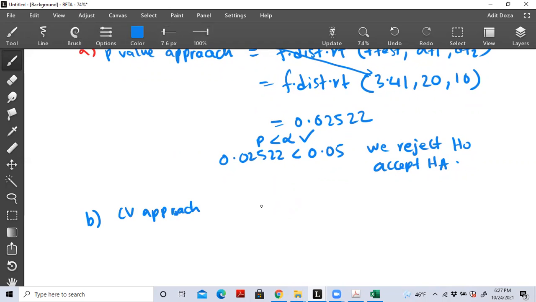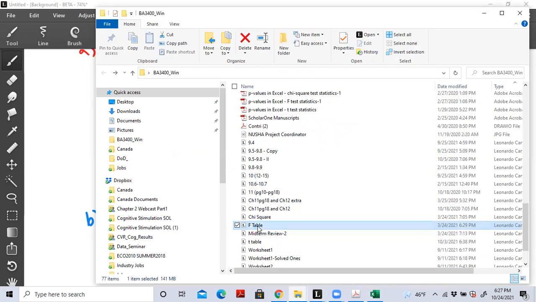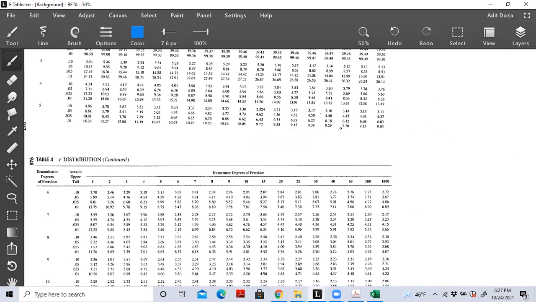Okay, critical value approach. Alpha is 0.05, and it is always upper tail, right? So let's open the F table. The F table is here. What is our numerator degree of freedom? 20.